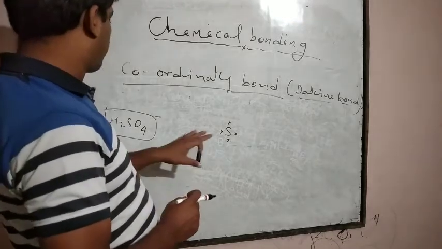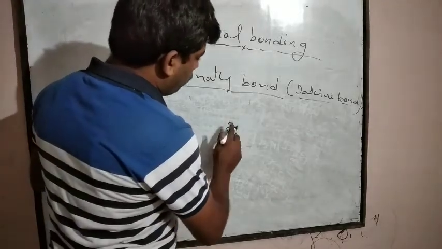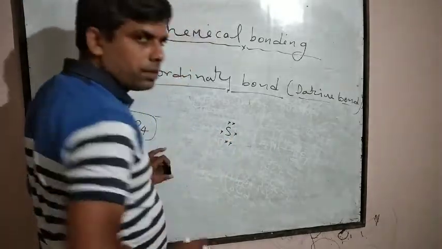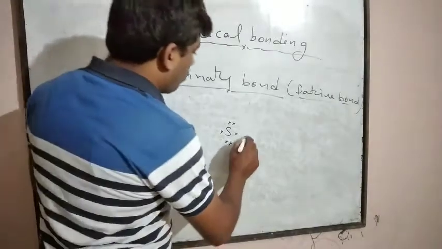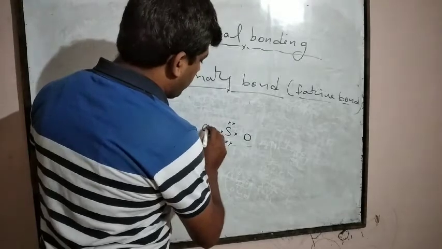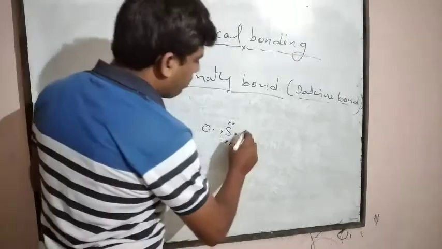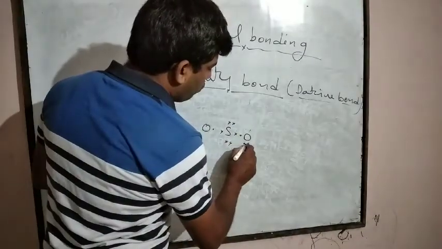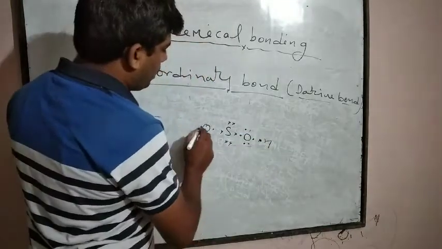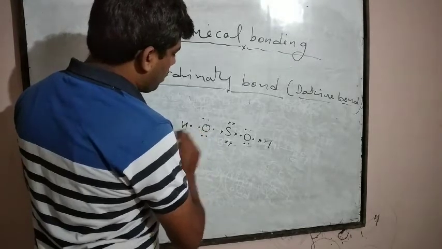One electron of this oxygen and one electron of this oxygen are shared with one electron of sulfur. The other oxygen atoms share with hydrogen, and here also one electron is shared with hydrogen.